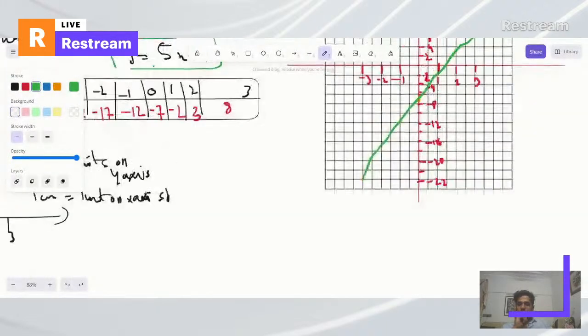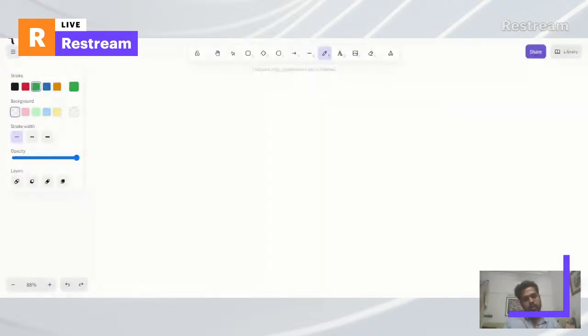Now that is how you're going to draw a graph. Now let's say we do not have a straight line equation. Let's say that we have a quadratic equation. So let's find a quadratic equation.